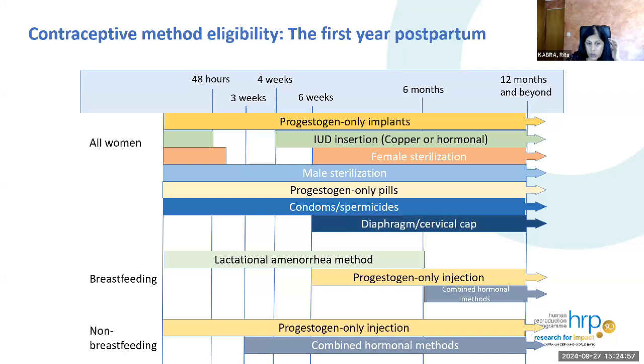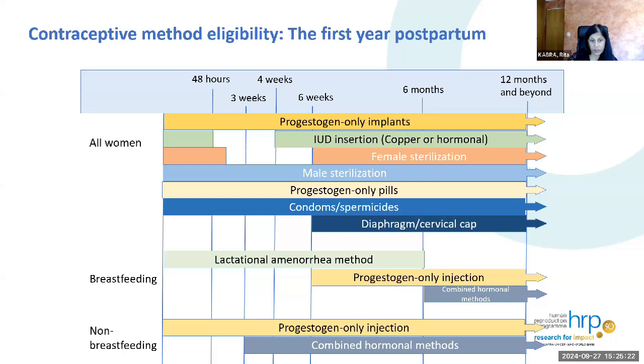If the woman wants to use a diaphragm or cervical cap, it is recommended to be used only after 6 weeks. And then we also have lactational amenorrhea, where some women are breastfeeding and they do not want to use any of these contraceptives. They only want to have lactational amenorrhea. They can continue it up to 6 months, provided they are using it fully and they are exclusively breastfeeding, otherwise there may be chances of pregnancy.